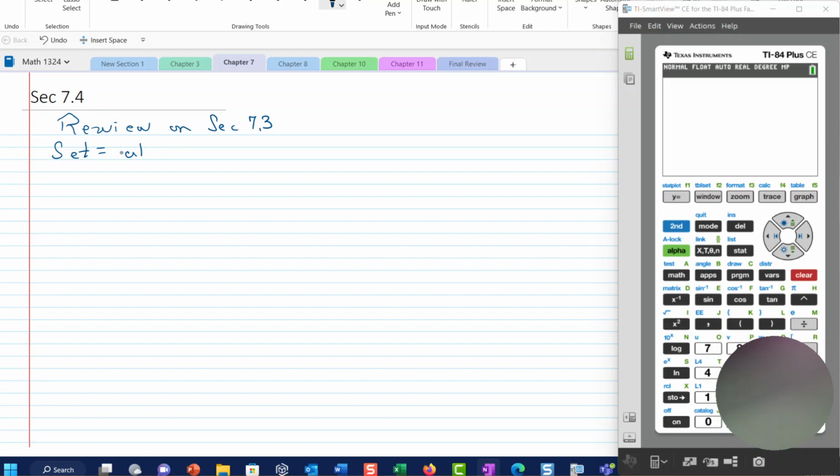It's a collection of elements that can be data. Statistics, it's data.